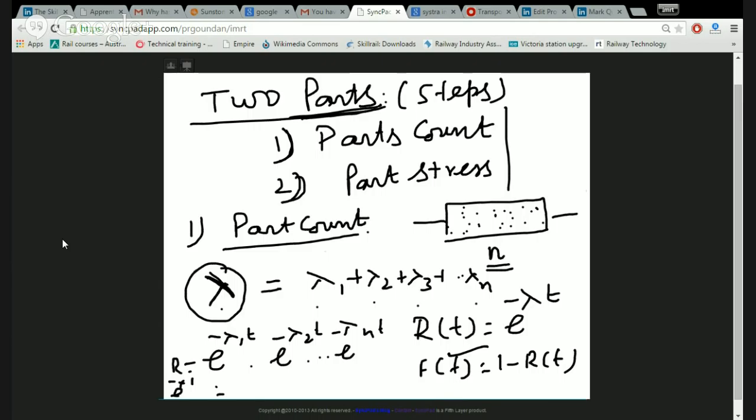Now, how is the data given in the handbook? I'll give you some reference also, you can see it later. So what the handbook gives is, you may use your device, a component. Person A will use it, application A will use it at 20 degrees centigrade, no vibration.